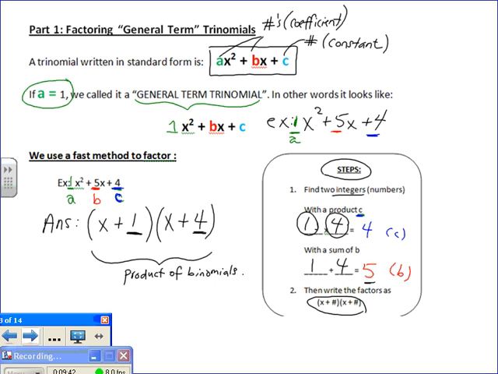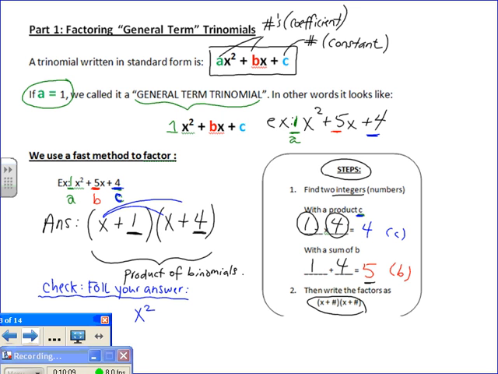You can always check it, if you want, by FOILing them. If you FOIL your answer, it should give you your trinomial again, so you can always do a double check. If I FOIL this, just to double check it: x times x gives me x squared.